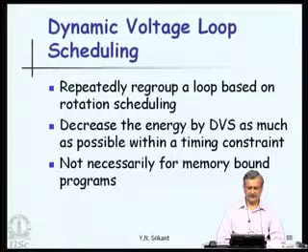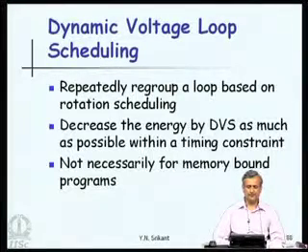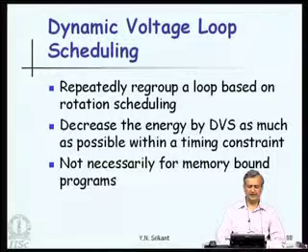The other reason is we could have multi-core processors, and we still have not seen a technique which can be used for multi-core. This particular technique can be used on both multi-core and single core processors. The strategy is to repeatedly regroup a loop based on what is known as rotation scheduling.